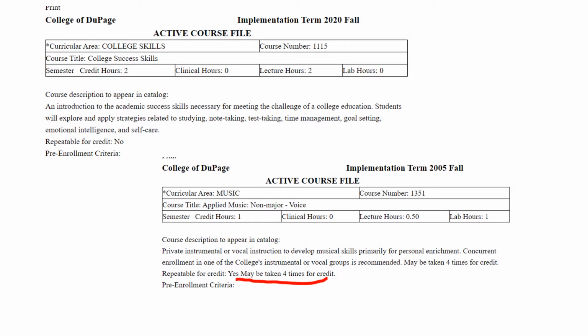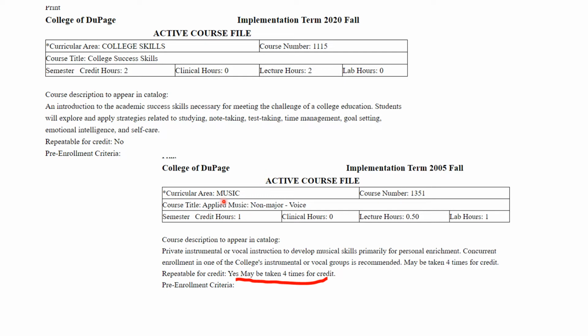Well, there are a handful of issues that were involved in this problem, in addition to just doing the Excel calculations. One is you had to uncover the fact that Education 1115 had been renamed College Skills 1115 for current catalogs. And the lesson here is data does change. So for 1115, we have 2 credit hours, and that's the research that was necessary there.